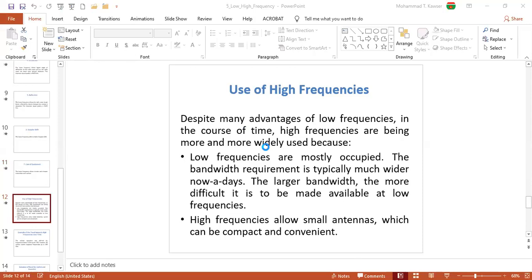Okay, so there are so many advantages with low frequencies, as we discussed yesterday. People are moving towards the use of higher and higher frequencies. So actually, I asked you why. Your answer was the use of smaller antennas, but there's a more important cause. That is one reason, but there's another reason. Can you tell me?